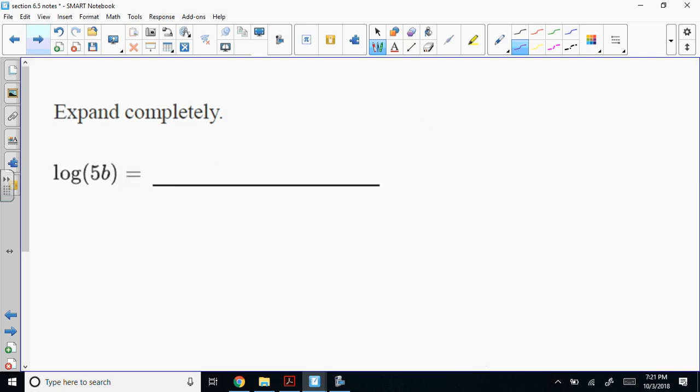All right. Now, what about this one? Let's see what you can do on this one. So we're looking at log of 5 plus log of b. It's a common log, so we don't have to worry about a base because the base is 10. Any questions on those? You good?